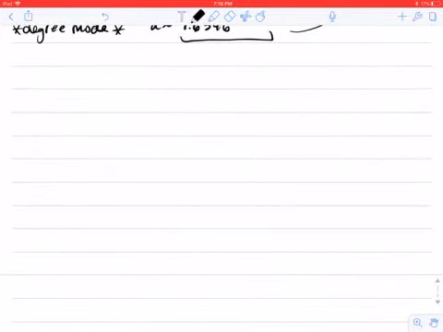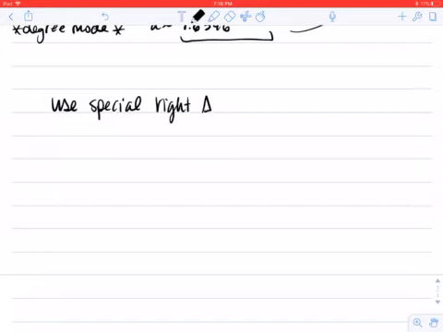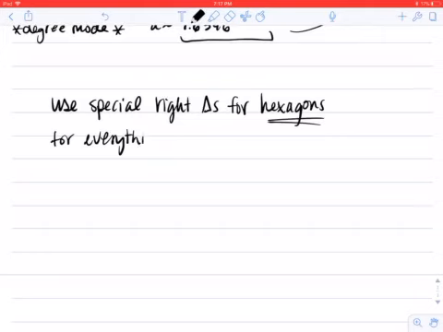Okay? So, little rule of thumb: use special right triangles for hexagons. For everything else, use trig.